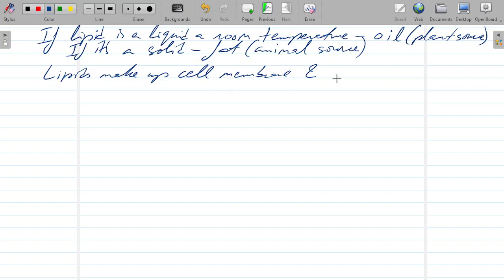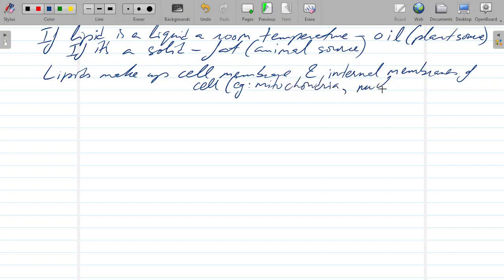So, internal membranes of cells, for example the mitochondria, which is an organelle in the cell, the nucleus, the chloroplast.